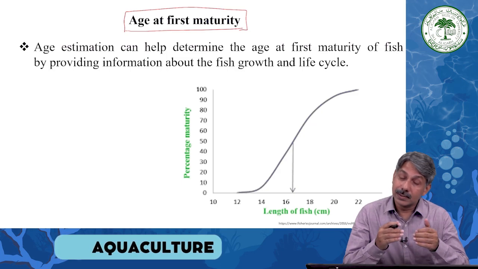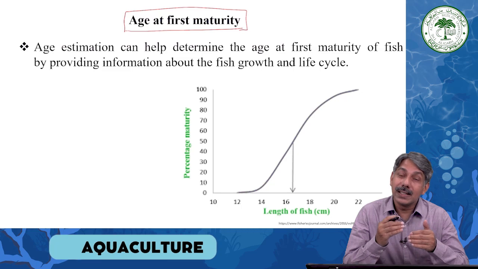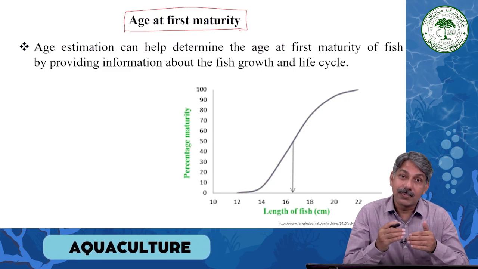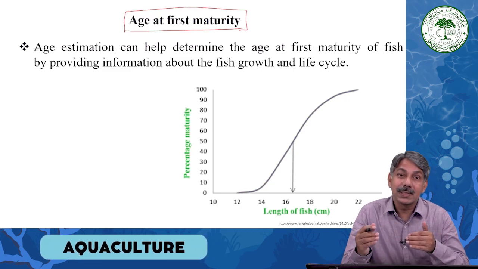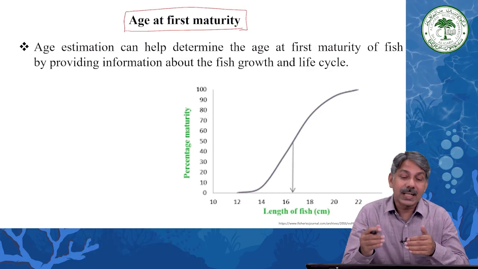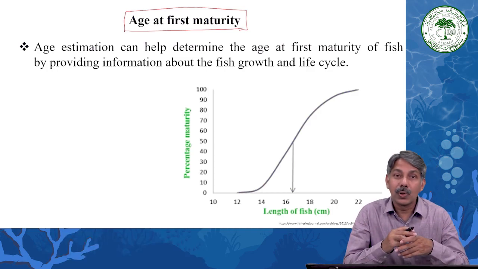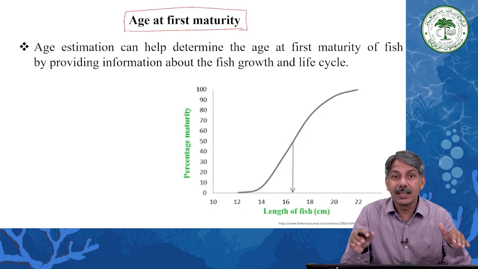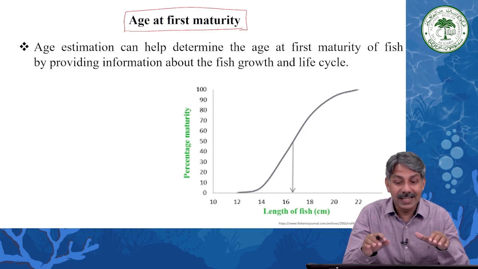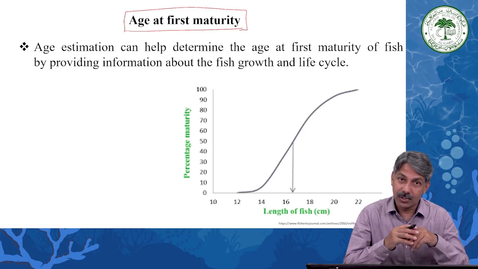So, age at first maturity is necessary for identifying and raising brooders of good quality, which can then be utilized to get more young ones of the candidate species which you are intending to select for aquaculture.